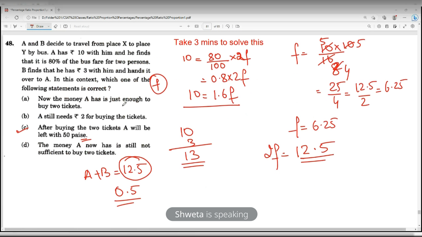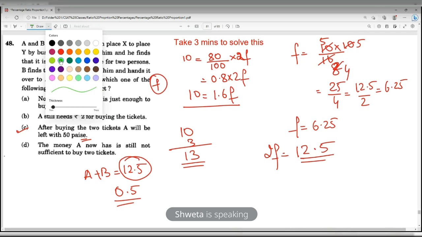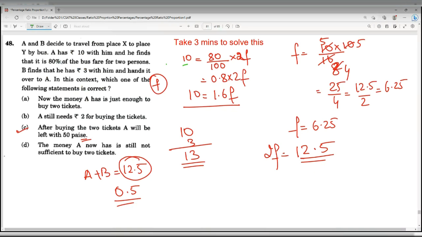Sir, they told that they have 80% for 2. So that is what I have written here. This 80%. Can I clarify that? Okay, so they are saying that the 10 rupees is 80% of the fare of two people.